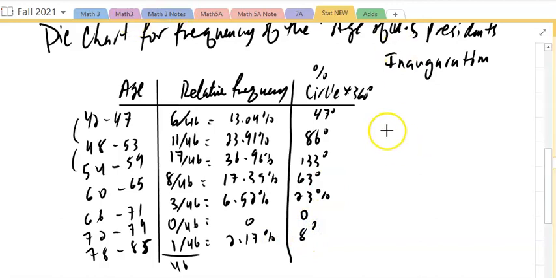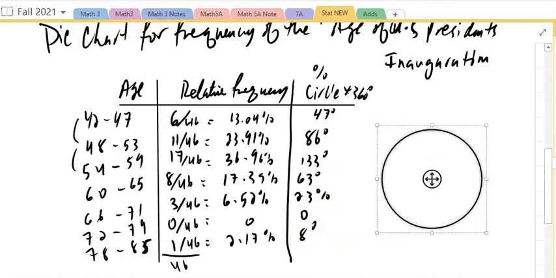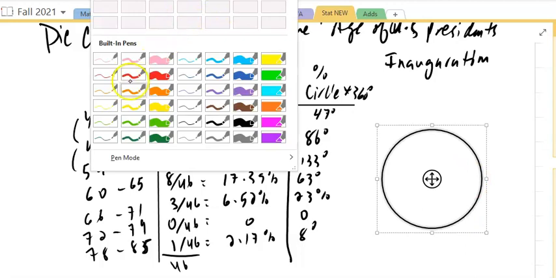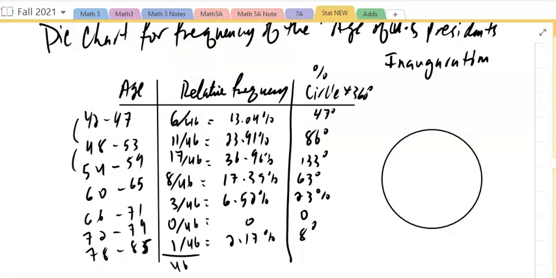Now, to put that on a circle, I'm picking a color that's hard to see. So if I cut this angle, these are 90 each, just for reference. And if I cut that even further, that's 45 degrees each.